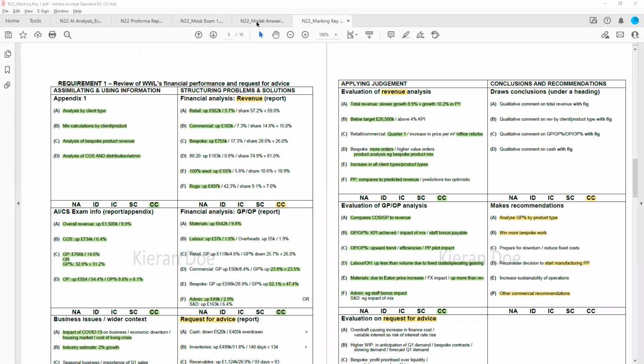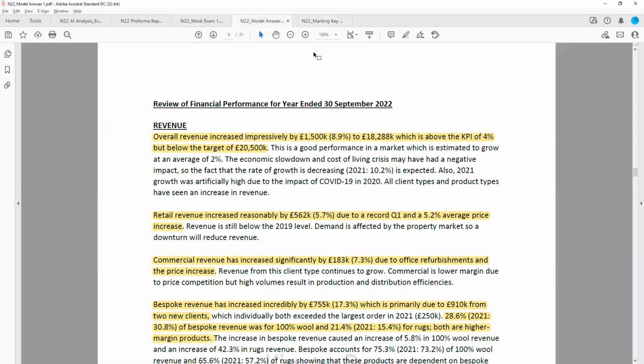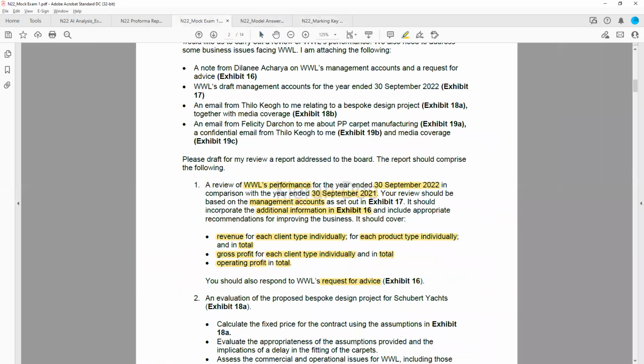So you should be able to identify the areas you need to improve after this, and you'll be able to implement that in the other mock exams.